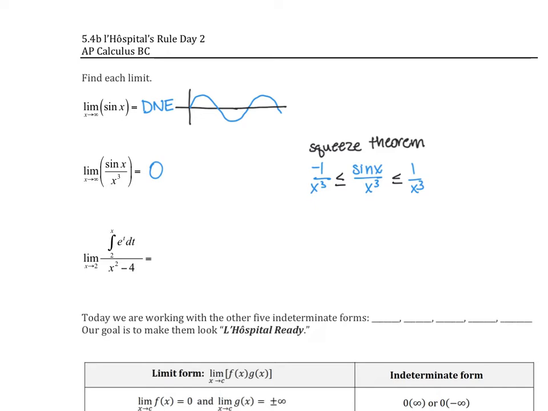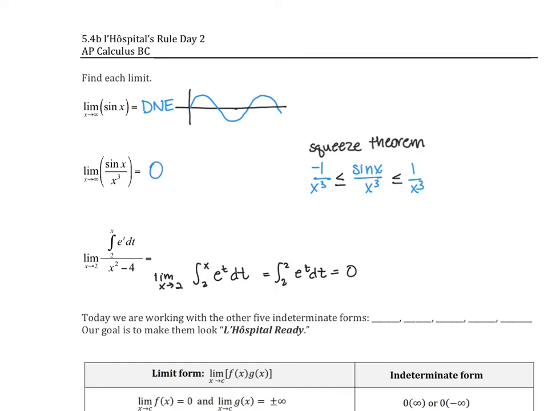If we look at the third one, this one we actually can use L'Hopital's, and here's why. Remember, to be L'Hopital ready, we have to have it equal one of the indeterminate forms of 0 over 0 or infinity over infinity. And if I look at the limit as x approaches 2 of the integral from 2 to x of e to the t dt, substituting in would give me the integral from 2 to 2 of e to the t dt.